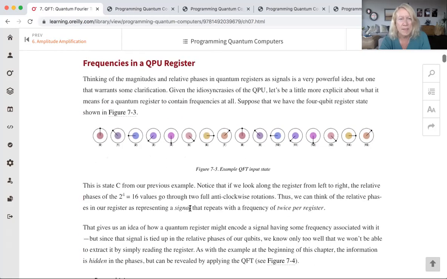Okay, so now the next part is they're talking about the magnitudes and relative phases. That would be the proper term for the black lines, the relative phases in quantum registers as signals. Then they're going to be a little bit more explicit about what it means for a quantum register to contain frequencies. It shows the 4-qubit register state in 7.3.